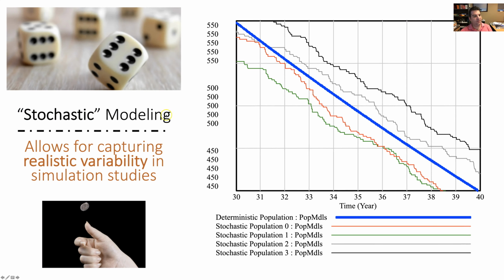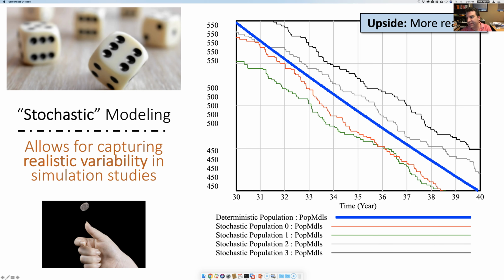So that's, in a nutshell, what stochastic modeling is all about. Stochastic simulation, I should say in particular, allows us to more fully capture realistic variability in our simulation studies. And there's the upside to that. Maybe I'll get rid of myself here for this summary piece.